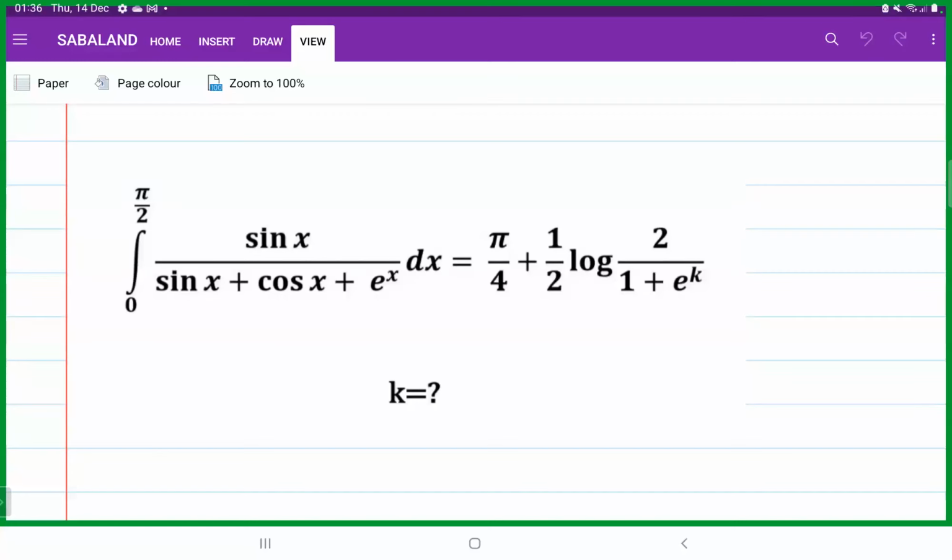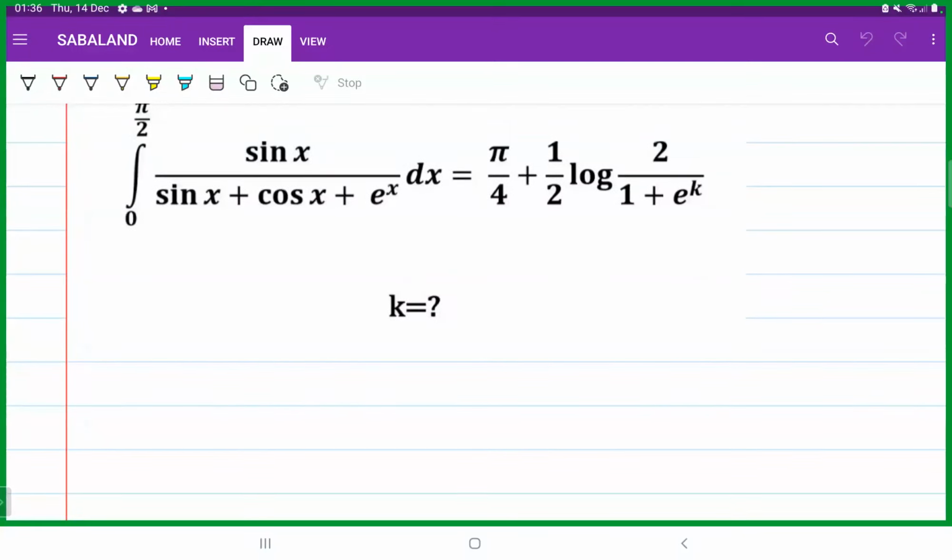Hello everyone. So we have got this good question from the chapter of definite integration. Initially you might think that we need to apply King's rule to solve this question. So let's try to apply King's rule and see what happens.